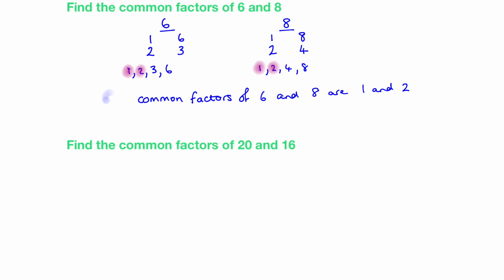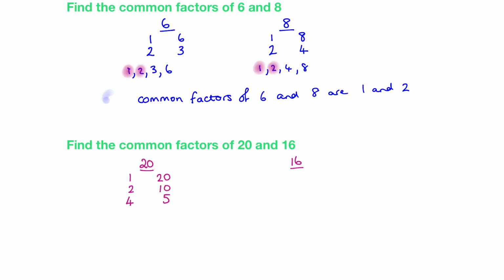Okay, I'm going to do the very same thing again now to find the common factors of 20 and 16, but I'll leave the other ones on the screen so we can still see them. So we're going to list the factors of 20 and the factors of 16. So 20 is 1 times 20, 2 times 10, 3 is not a factor of 20, so we don't write 3 down, 4 is a factor of 20, 4 times 5 is 20.